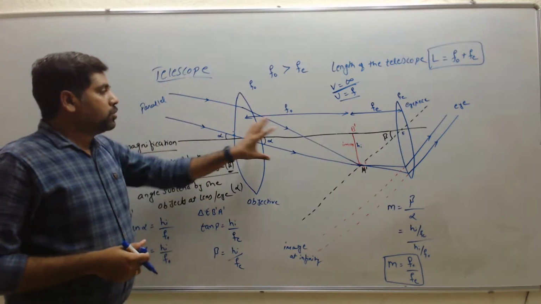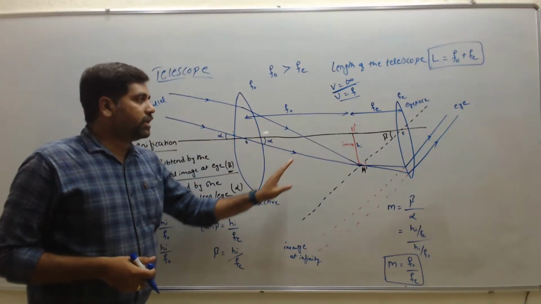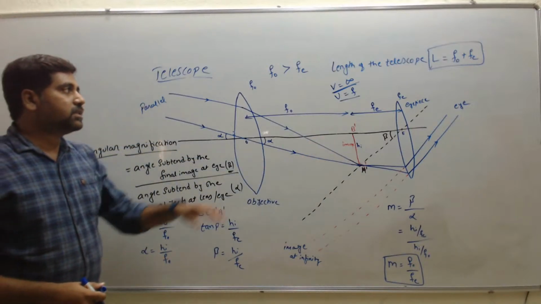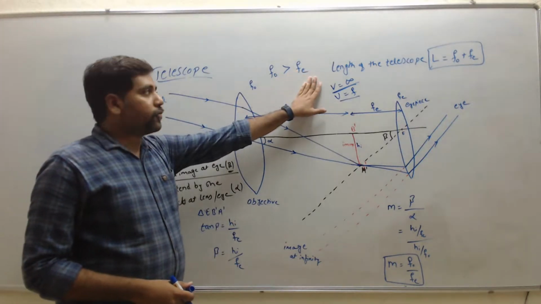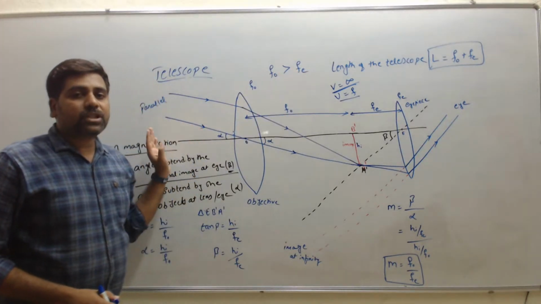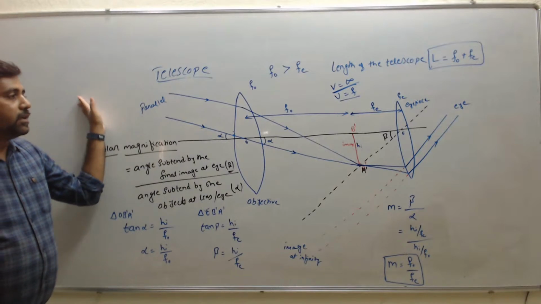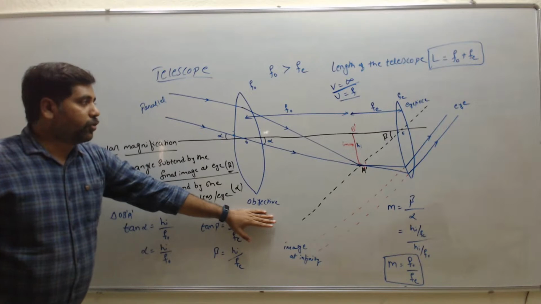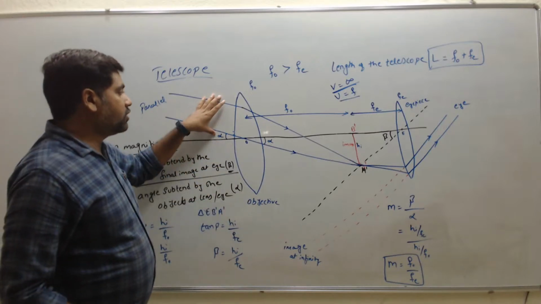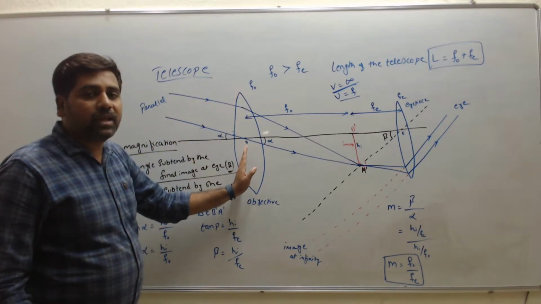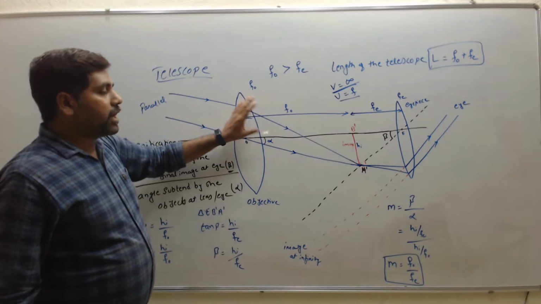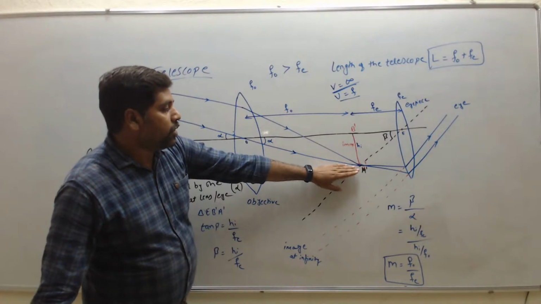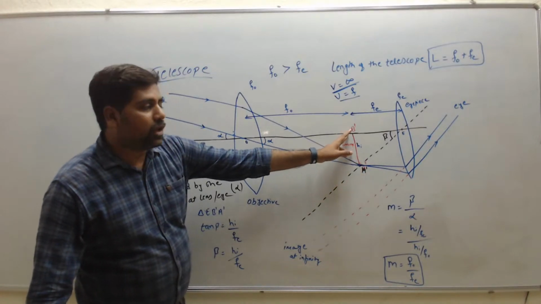So we have two lenses: one is the objective lens and the other is the eyepiece. The focal length of the objective lens is greater than the focal length of the eyepiece. The rays coming from a very large distance are parallel at the objective. After these parallel rays are incident on the lens, the refracted rays converge at a point, which gives the image of the object.